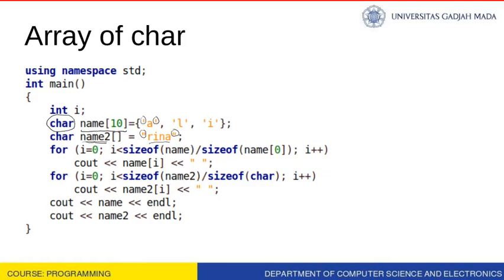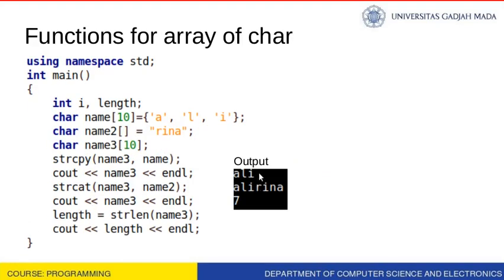Let us see another example. As before, we have this array name, and even though the size of this array is 10, we just declare that the elements inside this array are just 3.